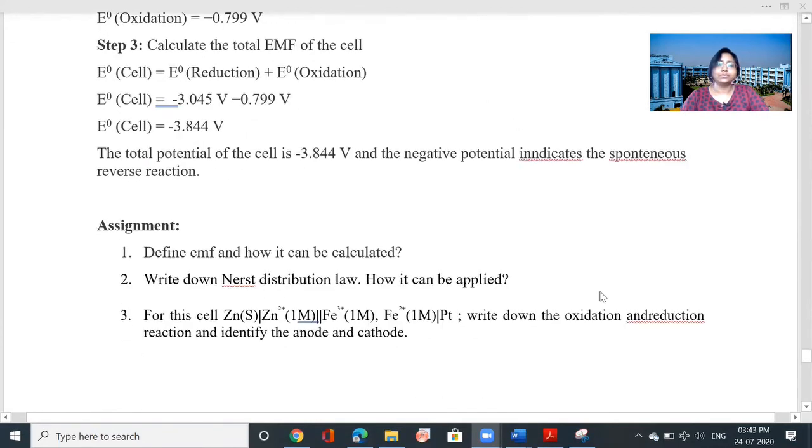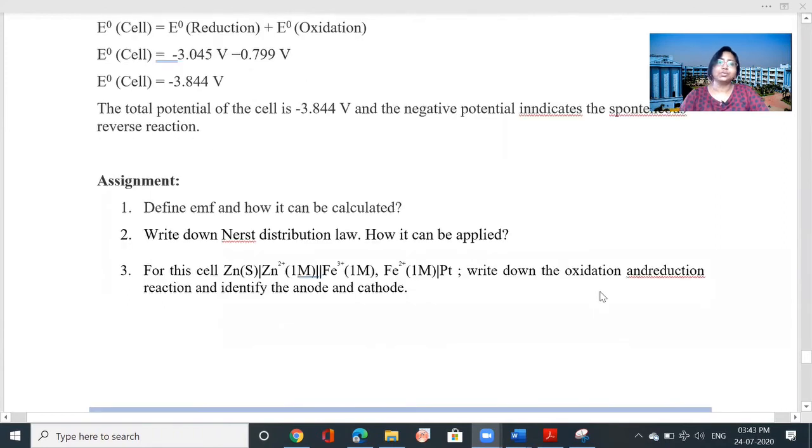Now let me summarize what you have learned today. You have learned about Gibbs free energy, and the conditions for spontaneous and non-spontaneous processes for an electrochemical cell.